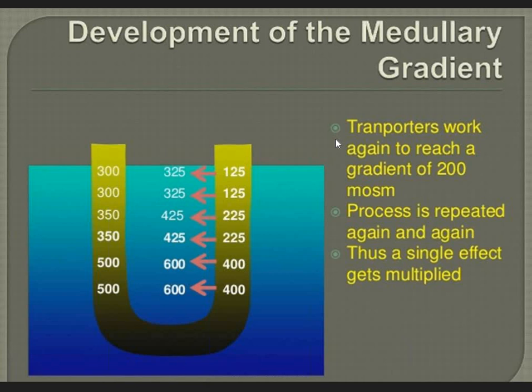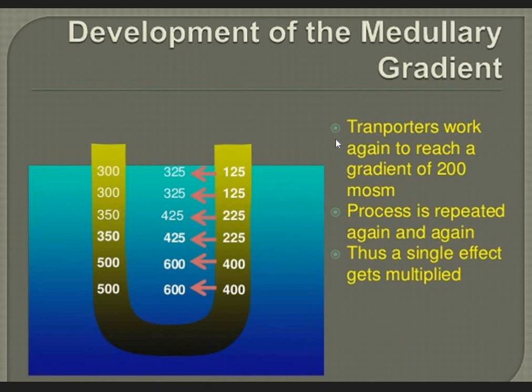Okay, so the single effect started in the thick ascending segment of the loop of Henle, and it gets multiplied. In this figure, we can see it has reached 600, but in actual circumstances, it keeps on and on and on till at the tip of the medulla, we get an osmolarity of 1200 milliosmoles per liter.